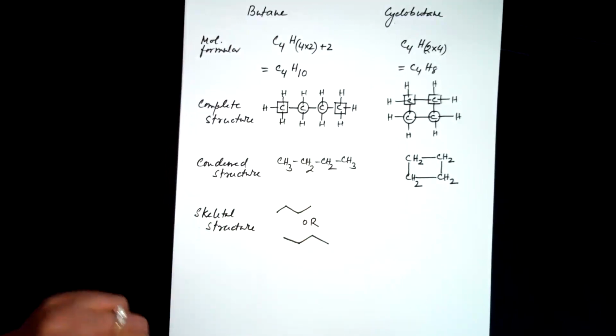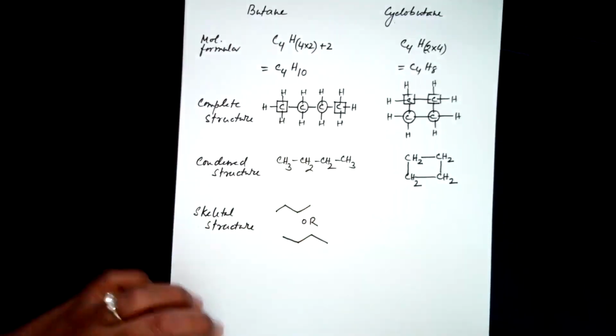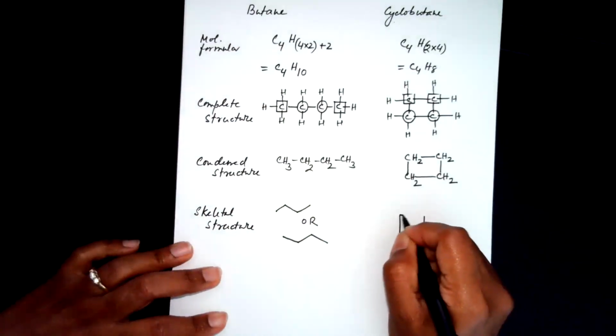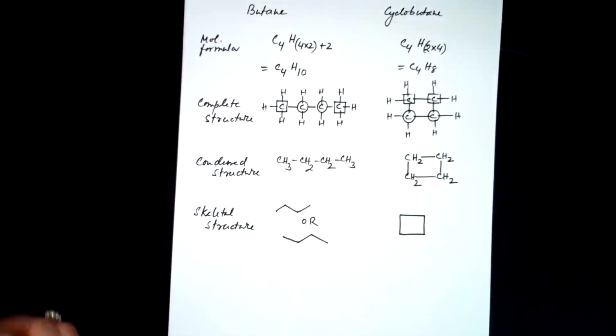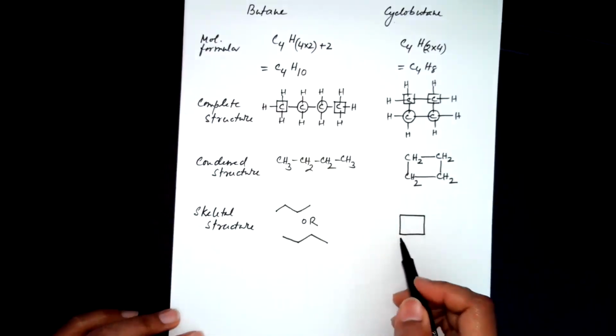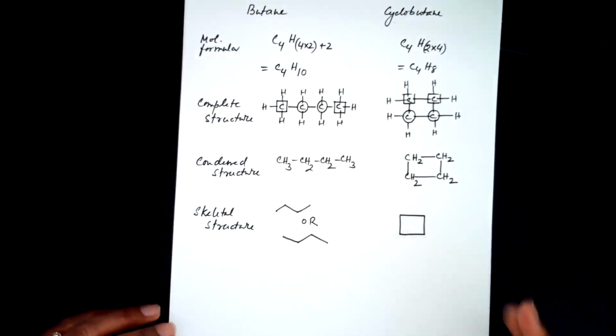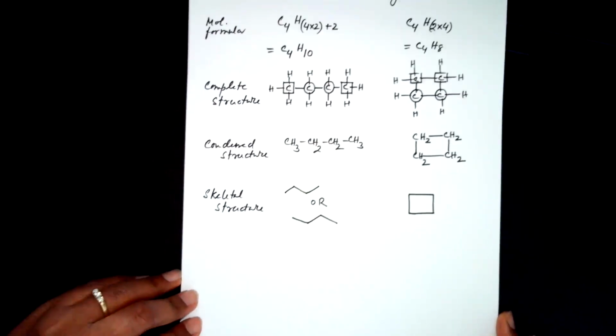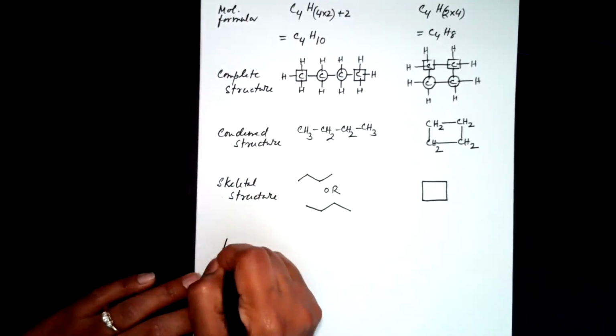And I did not need to show the carbon-hydrogen bonds. For the other one, I will just draw a square. I do not mark the carbons. Again, it's understood. These positions are all carbons, and then there must be hydrogens. You do not need to show them, but they are there.